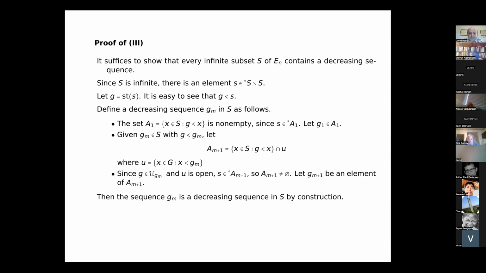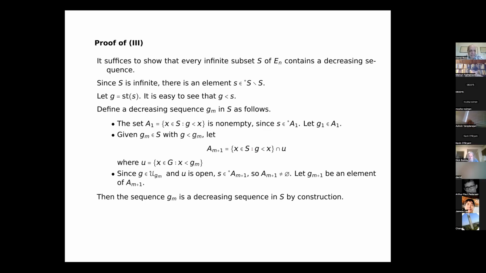Now let's suppose we've defined G sub 1, G sub 2, G sub 3, and this is going to be a decreasing sequence. So G sub m is the smallest one we've defined so far, where G is less than G sub m. We look at the set of things that are bigger than G but also less than G sub m. That's an open set.